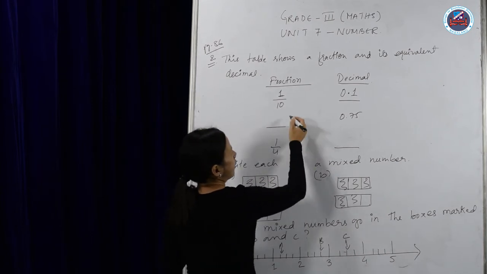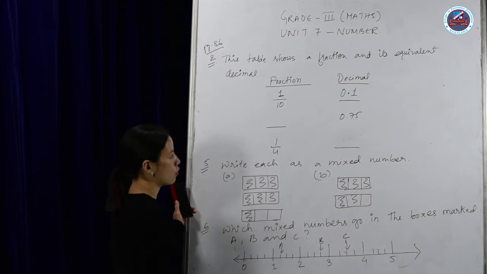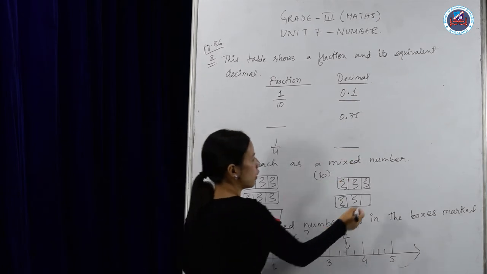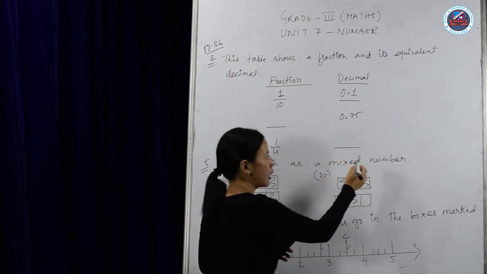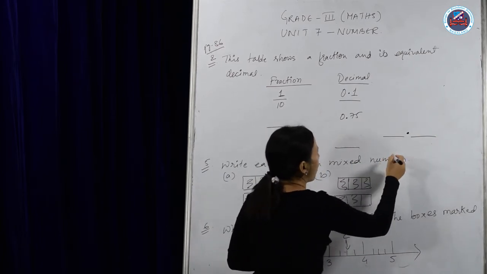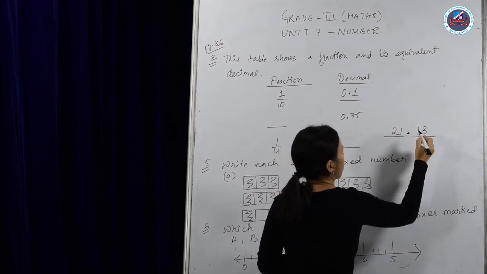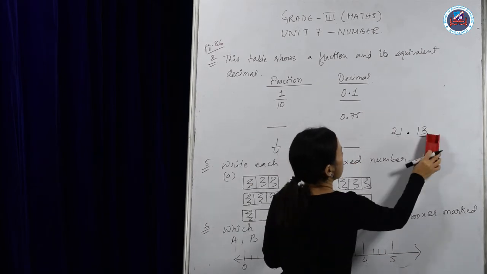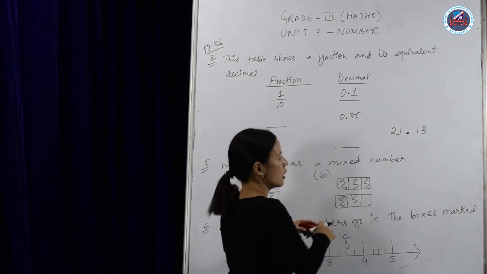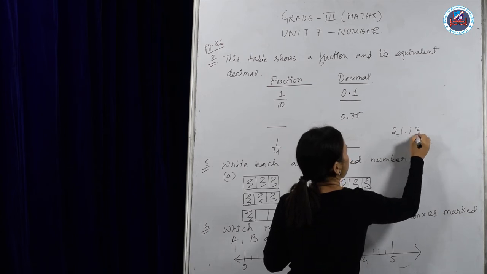Now here we have 0.75. In the place value, we count the place value as 1, 10, 100, and 1,000, right? Suppose the decimal number is given as 21.13, okay?